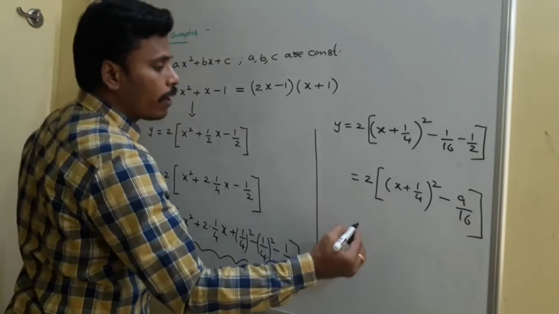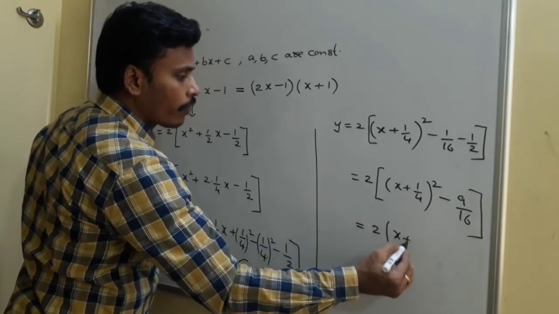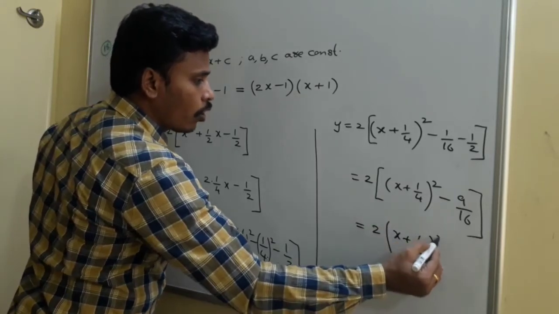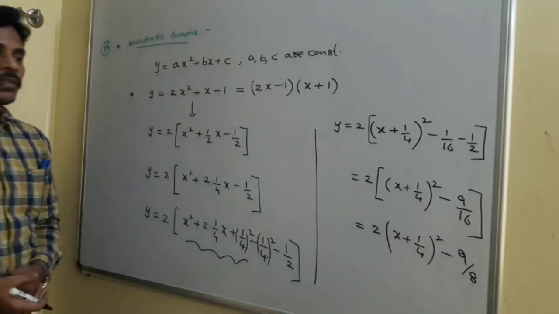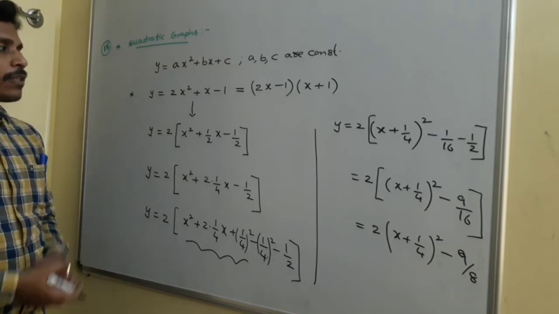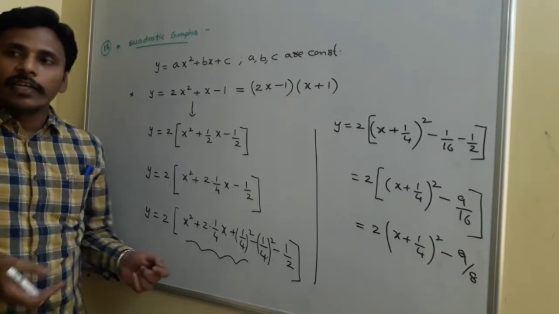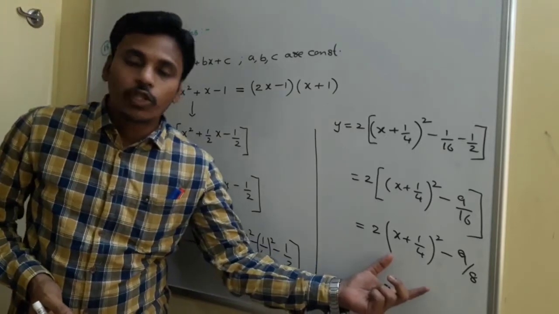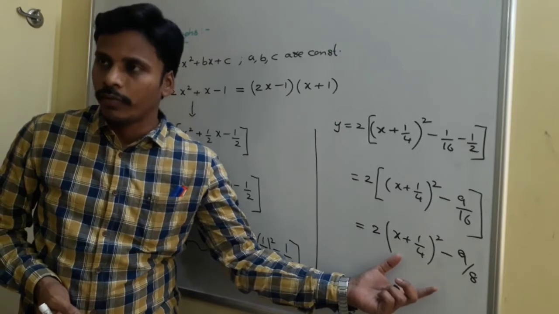And at the end, if you multiply with 2, it becomes 2 times of x plus 1 by 4 whole square minus 9 by 8. Have a look at this once. See, this 2x square plus x minus 1 in perfect square form is 2 times of x plus 1 by 4 whole square minus 9 by 8.